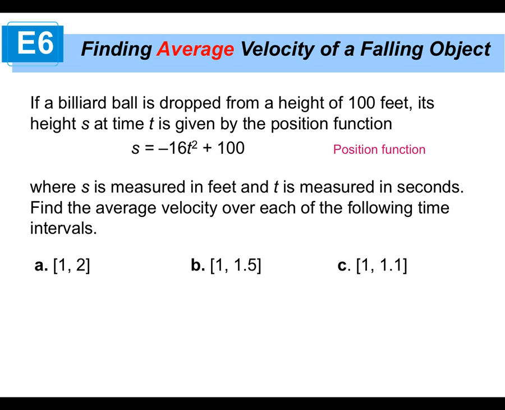Okay, so I don't really want to do B and C because it's the same thing, it's just repetitive. But does everyone understand what's going on? Okay, good. Now, that's different than asking the question, how fast is the ball going at, let's say, 3 seconds? That would be an instantaneous velocity. This is the average velocity between 1 and 2 seconds.